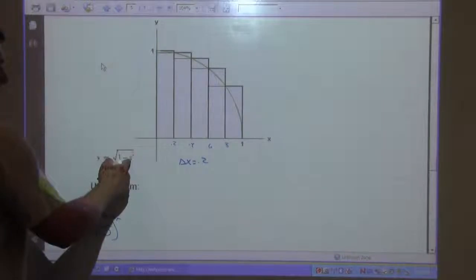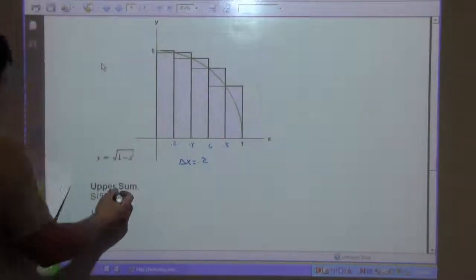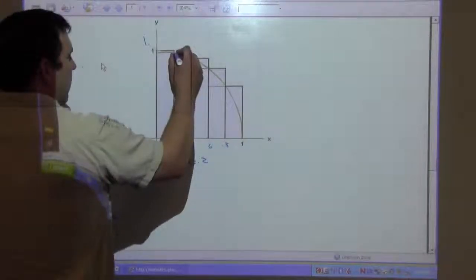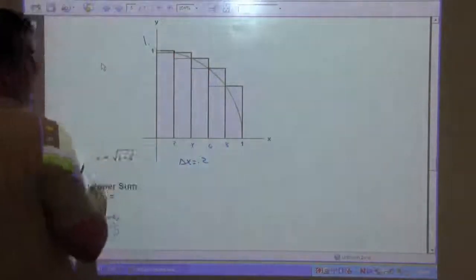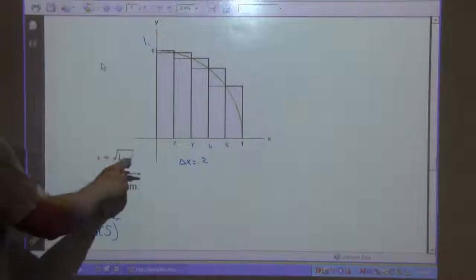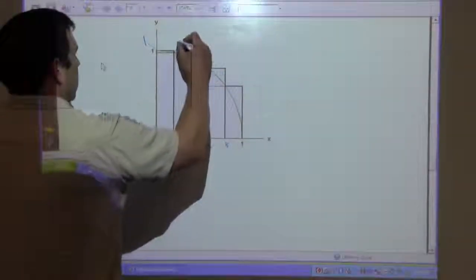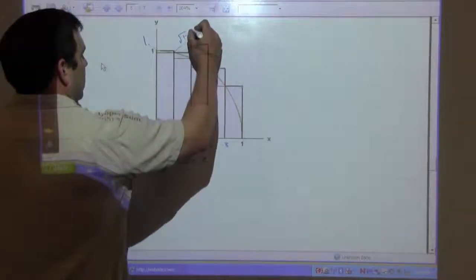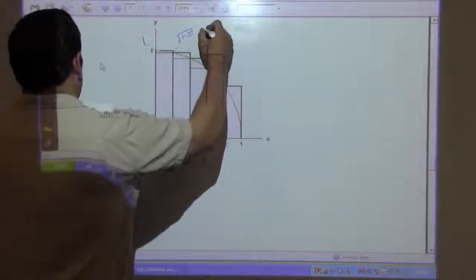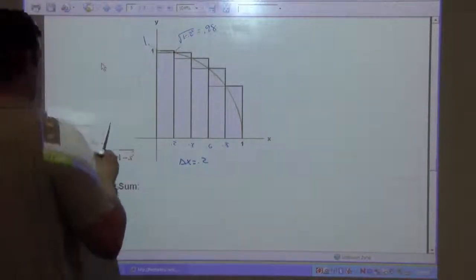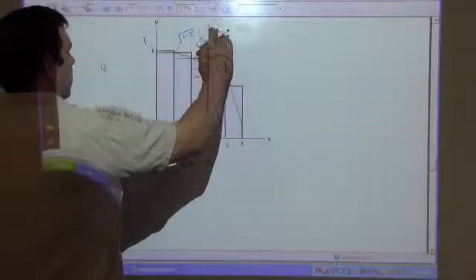So for the first one, this height right here is 1. What's this height going to be? That's going to be the square root of 1 minus 0.2 squared. That's 0.98. I think it's 0.96 actually.